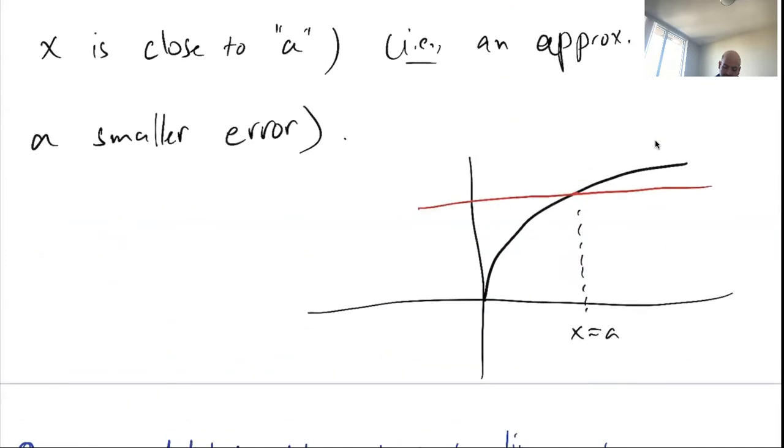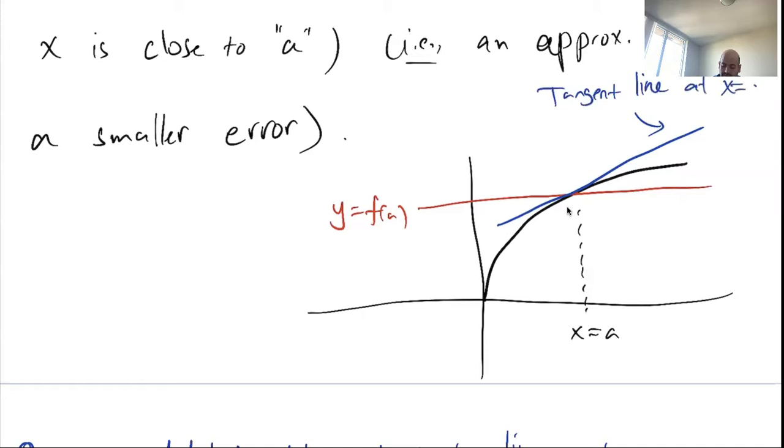The tangent line at x equals a has the property that, see, it is closer to the original curve compared to the horizontal line, f of a. So this one is y equals f of a, but this blue line is the tangent line at x equals a.